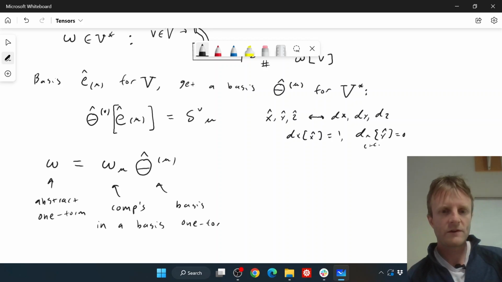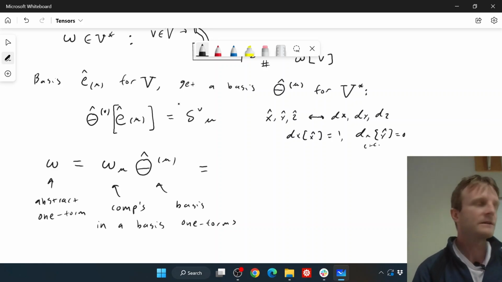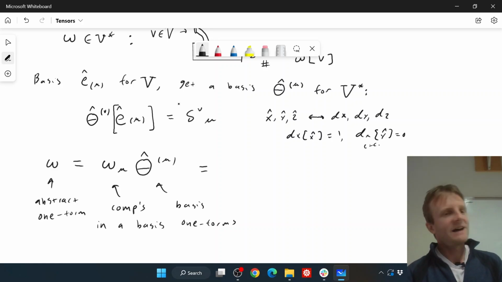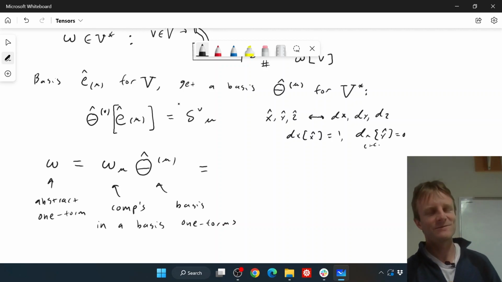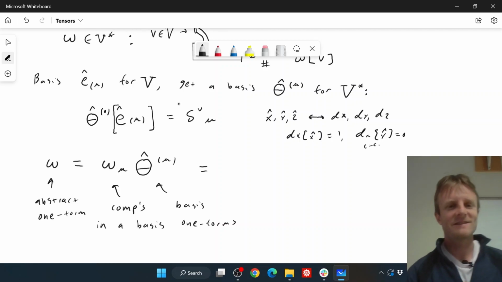Or basis dual vectors, if you like. And so this is our abstract one form, this is our basis. Now notice for the up and down indices to work out, I had to put a lower index on the components for the one form, so that distinguishes it from a vector, which has upper index components. But then to get everything to work, I had to put an upper index on the basis one forms as opposed to a lower index on the vector basis elements.